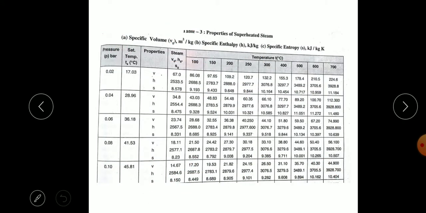The third form of steam table is the properties of superheated steam. We know in this dome, this is the liquid line, this is the vapor line, and if the steam exists at a point outside, it will be superheated steam, meaning its temperature is more than the saturation temperature.